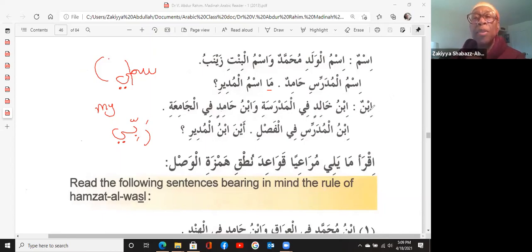So Ibnu, that means son, it's the same thing. It has that kasra. So when something is put in the front of it, then it is dropped in the reading. You don't read it. So here they show you Ibnun, a son.